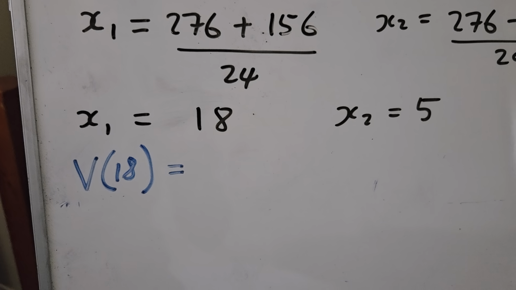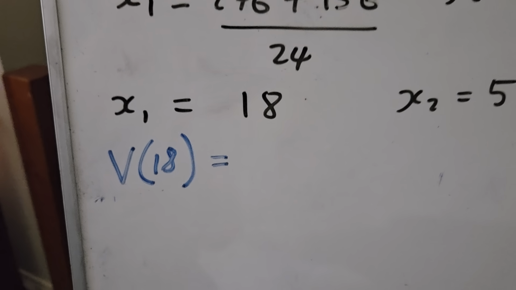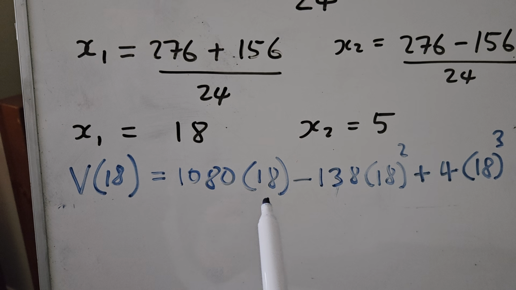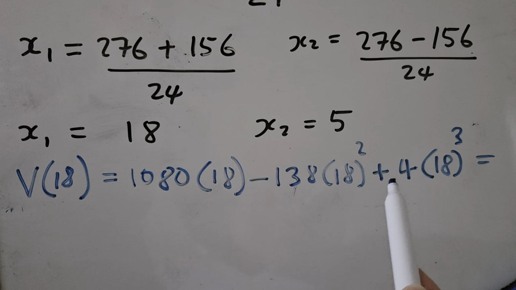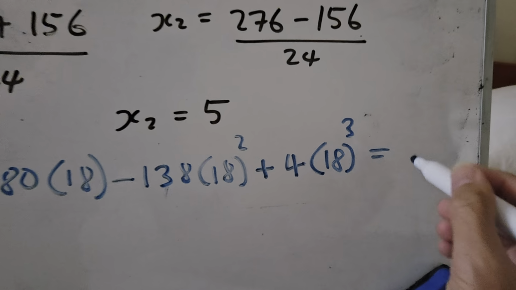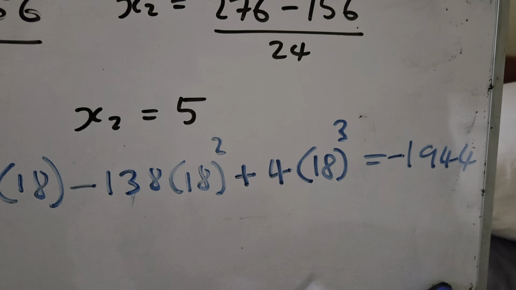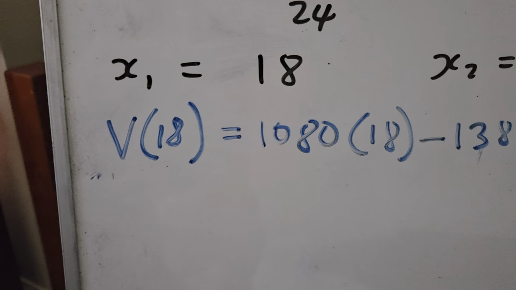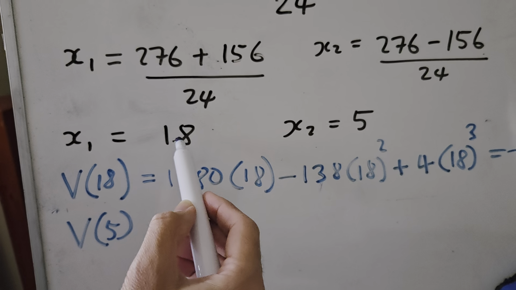So here we write the formula of the volume replacing x with 18. In the original volume formula, 1080x minus 138x squared plus 4x to the power of 3, replacing x with 18, we get the volume as negative 1944. Now we see what happens when we substitute 5. Remember, we got two x values, 18 and 5.